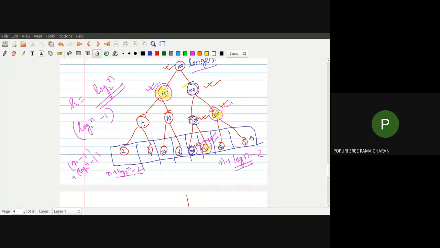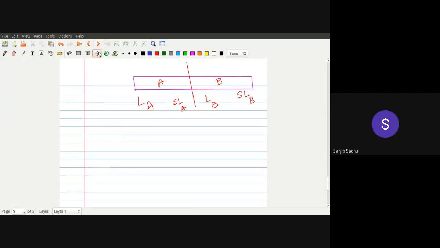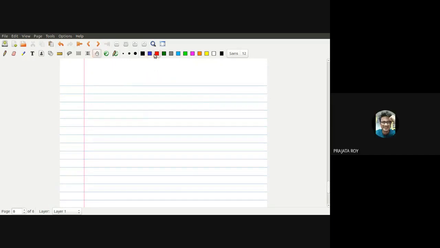Yes, sir. And the last point for today's class: suppose in an expression T(n) is 4n square plus n cube plus n log n minus 5. What will be the time complexity for this? Tell me.